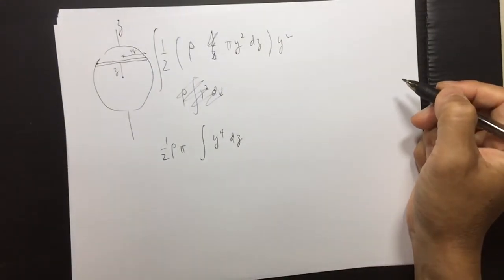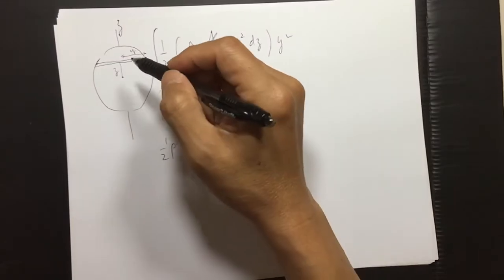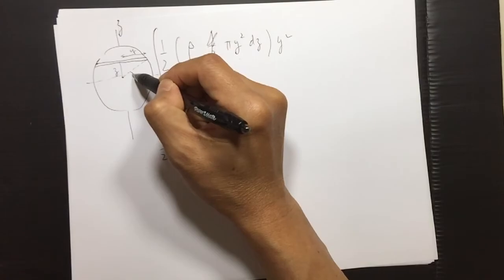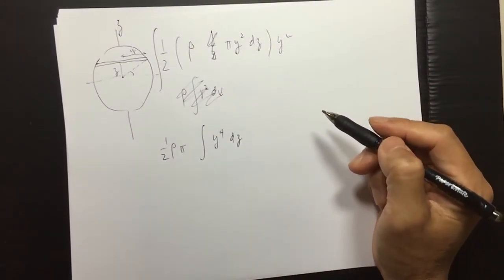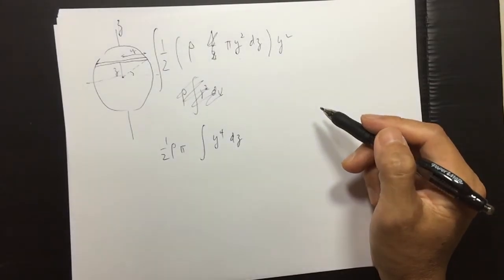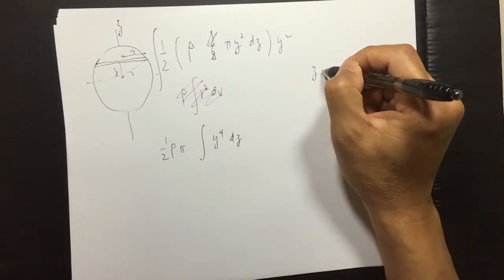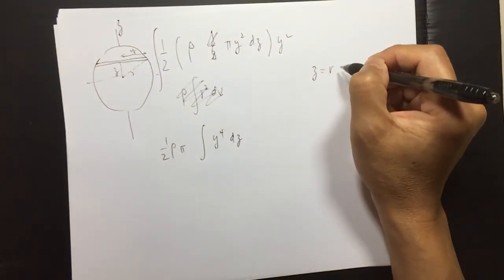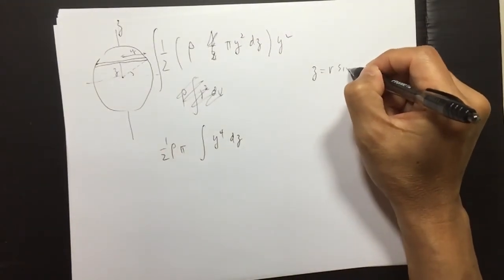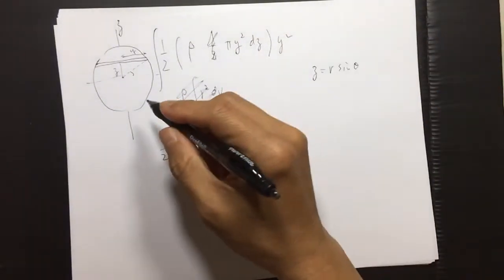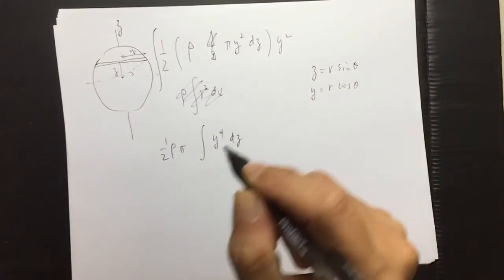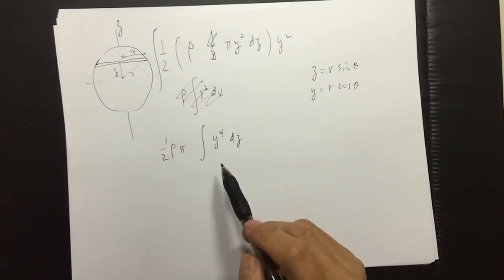And y is r cosine theta. We're just talking about the theta business. This is theta. Y is actually, or z, z is r sine theta, y is r cosine theta. You can put this in to solve it.